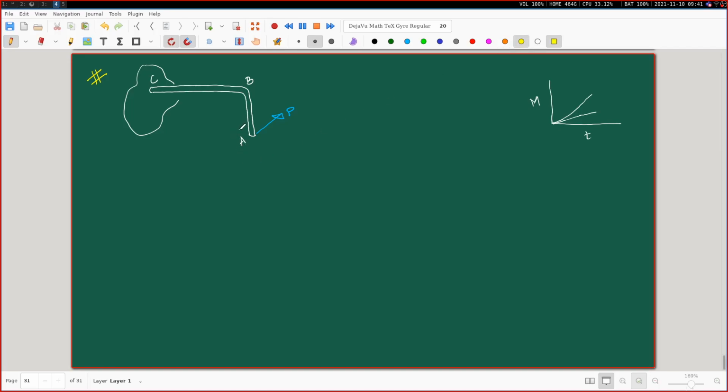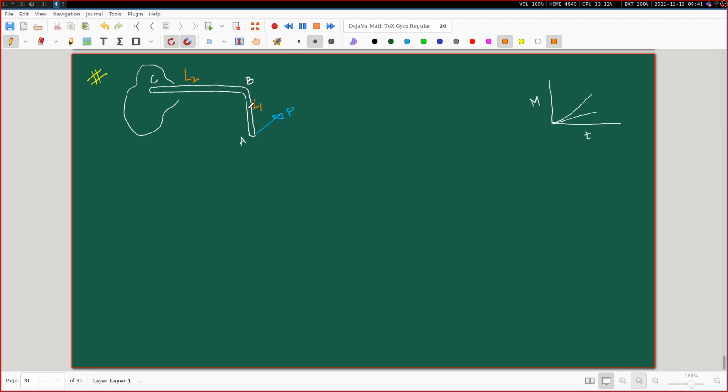So what do I do here? As before, I will take a cut section, but now I have to take the cut section respecting the three-dimensional nature of it. I will also consider the AB and the BC segments separately. Please also note that AB is L1 and BC is L2.